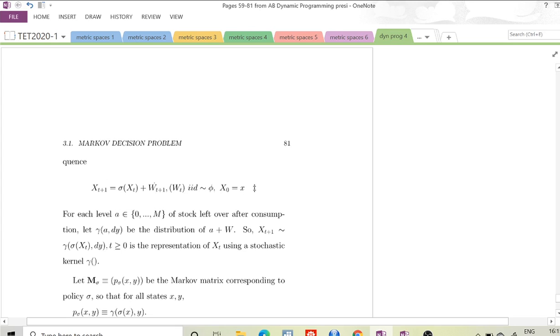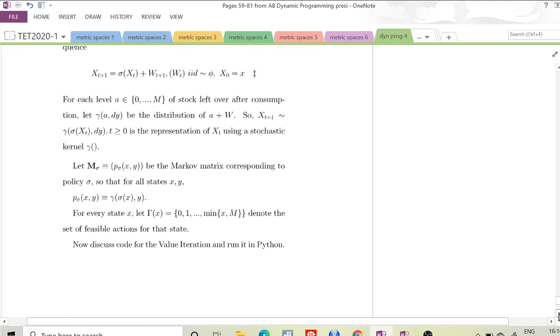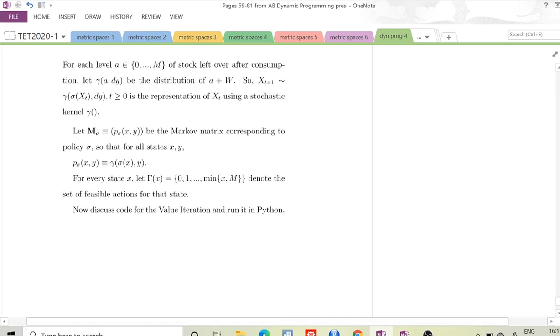You would have seen such difference equations, certainly when you were doing deterministic things, but also stochastic difference equations. They're just time series. And the rest of it is a discrete problem.